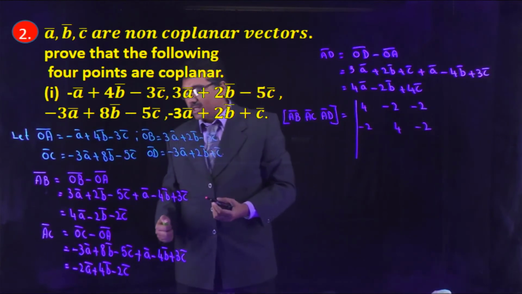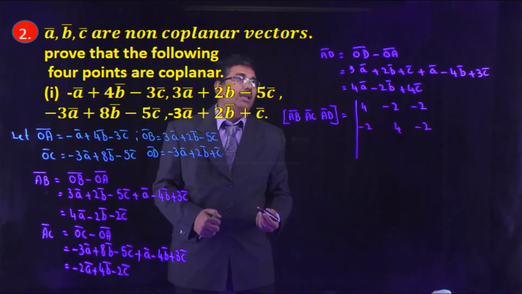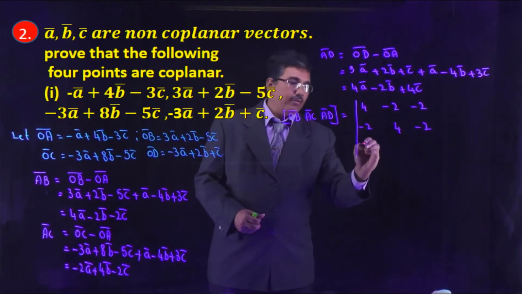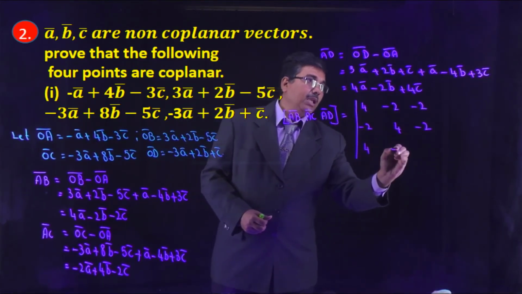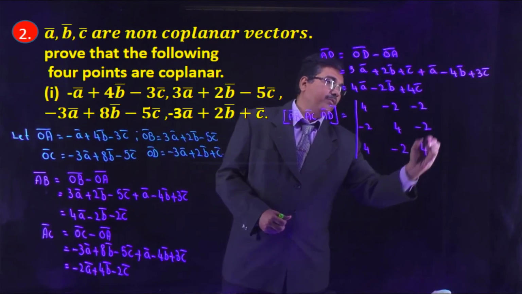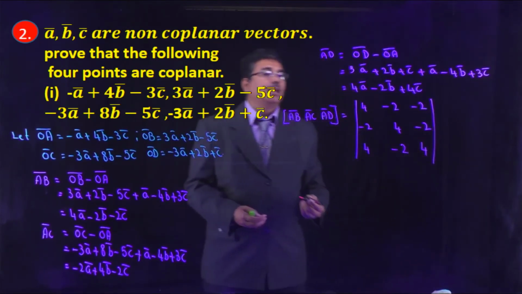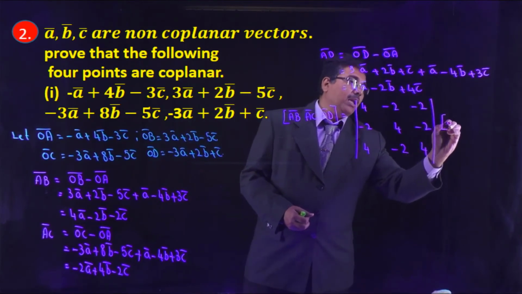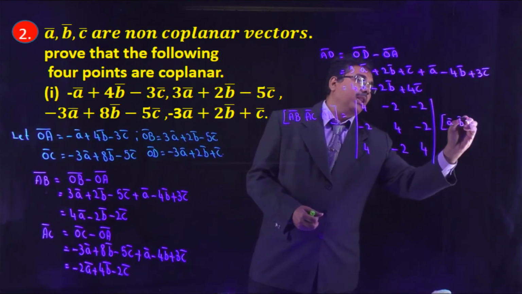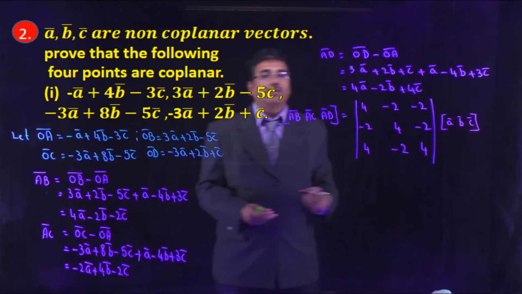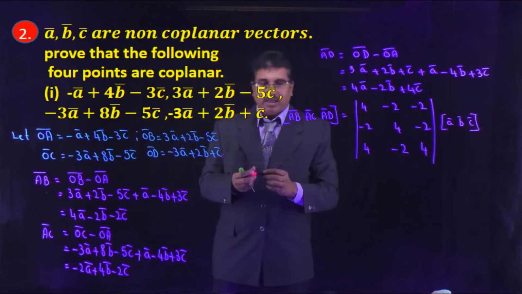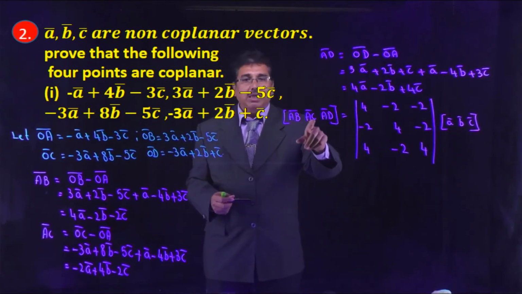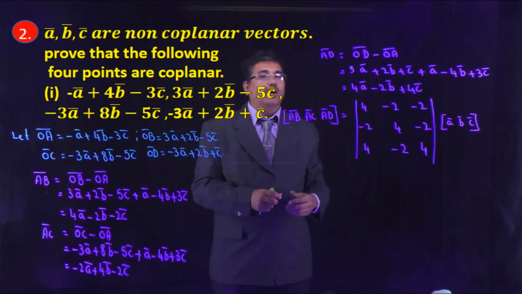Now components of AD bar: 4, minus 2, 4, into box of A bar, B bar, C bar. Right, this is box of AB bar, AC bar and AD bar.